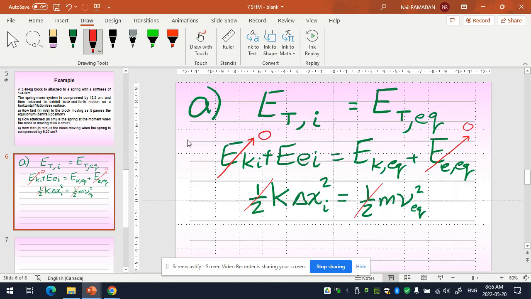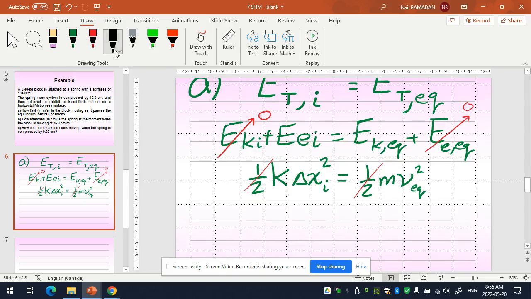Which one of those four things is the question asking me to find? Mass, K, displacement, or speed? Speed. So that means you need to rearrange this one to calculate for this quantity. Anyone can tell me the rearranged expression? You can work it out in steps, but who can just see what it is?